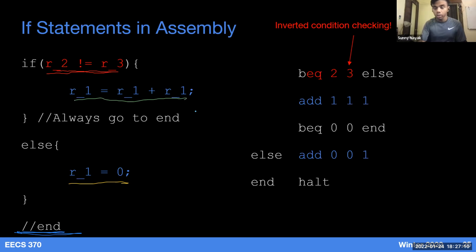So we only have an instruction that compares if they are equal to each other, right? And if they're equal to each other, we're going to perform some sort of jump. So the values that we're going to have as parameters for this part are going to be registers 2 and 3, because those are the registers that we want to compare, right? These are the registers that are going to appear in the condition.